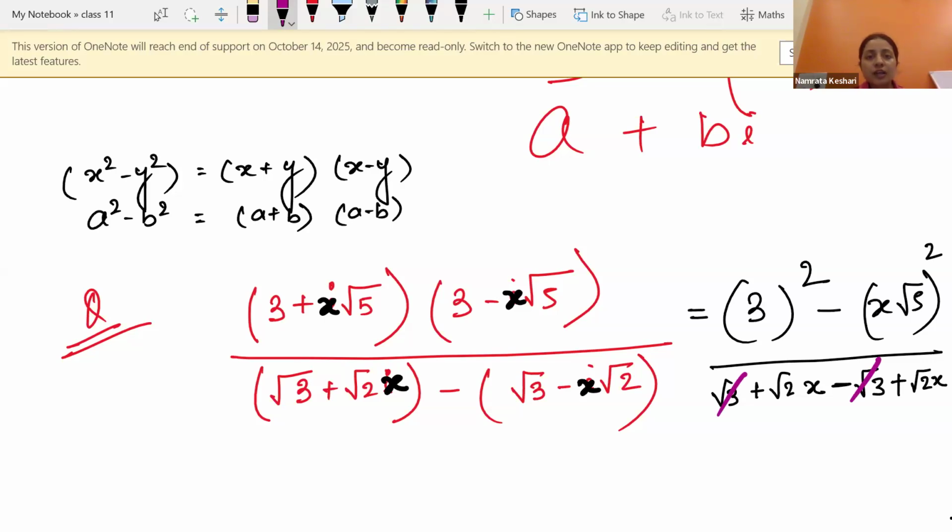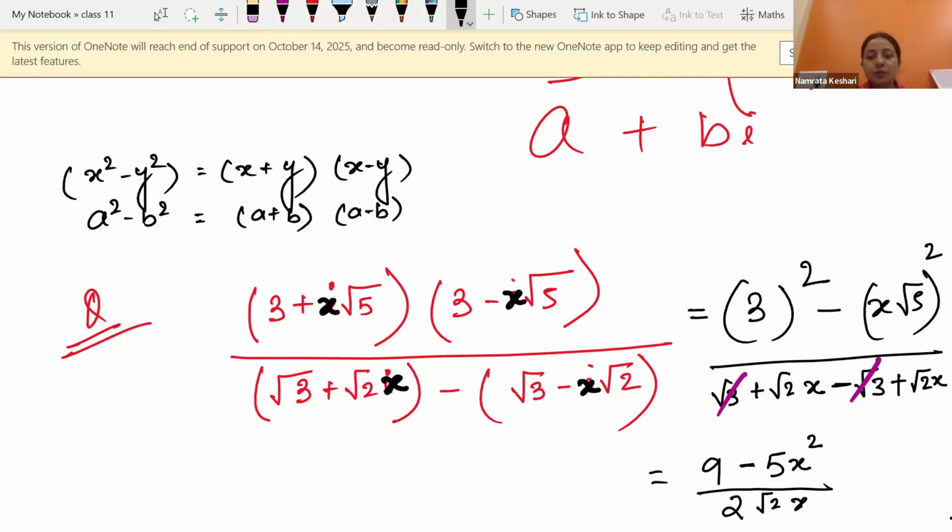And what are we left with? The numerator is 9 minus x root 5 whole square, which will be 5x square. And the denominator will be root 2x plus root 2x, which is 2 root 2x.